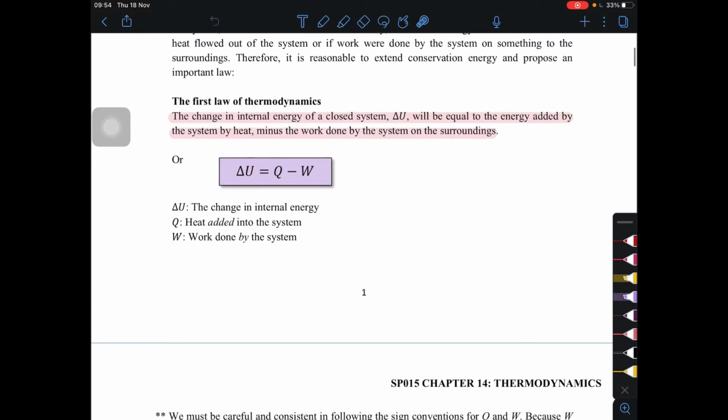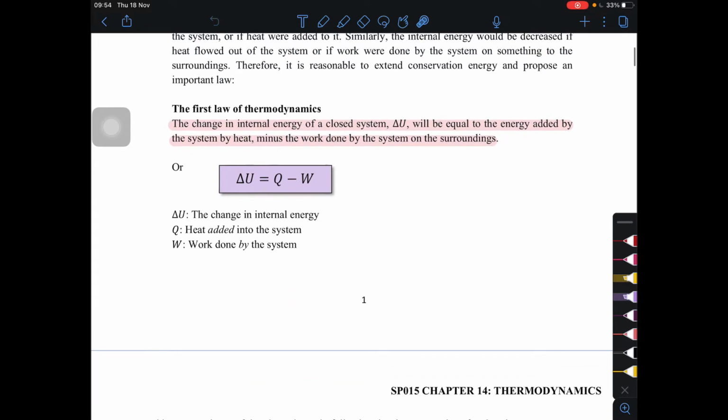Okay, let's go straight to the first law of thermodynamics. The first law of thermodynamics states that the change in internal energy of a closed system, which is delta U, will be equal to the energy added to the system by heat minus the work done by the system on the surroundings.